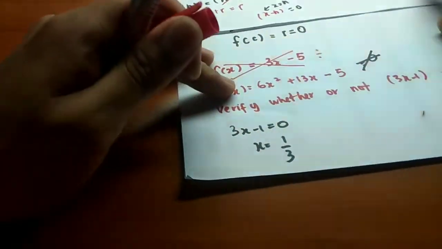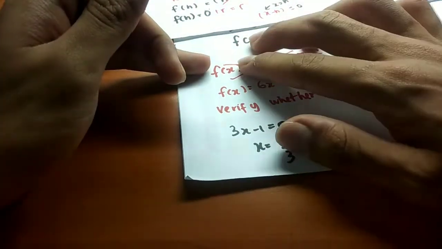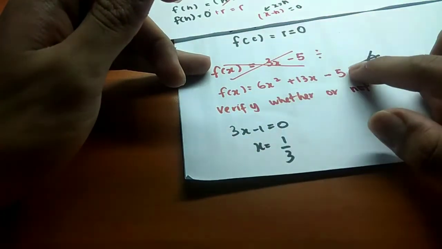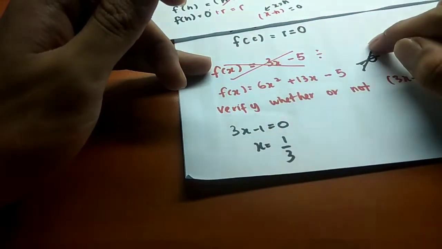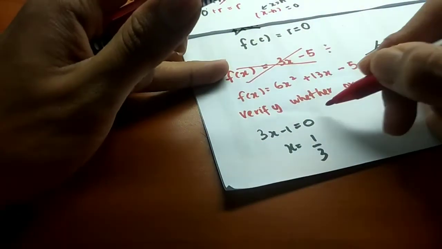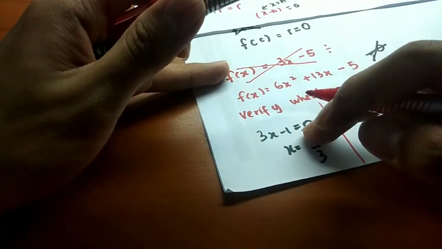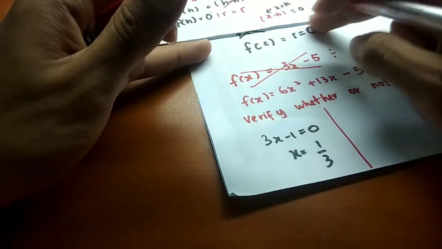So we assume that this is the c, and when we substitute inside, will we get the value of 0 or not? Depends. So assume that 1 over 3 is what results in r equals to 0.